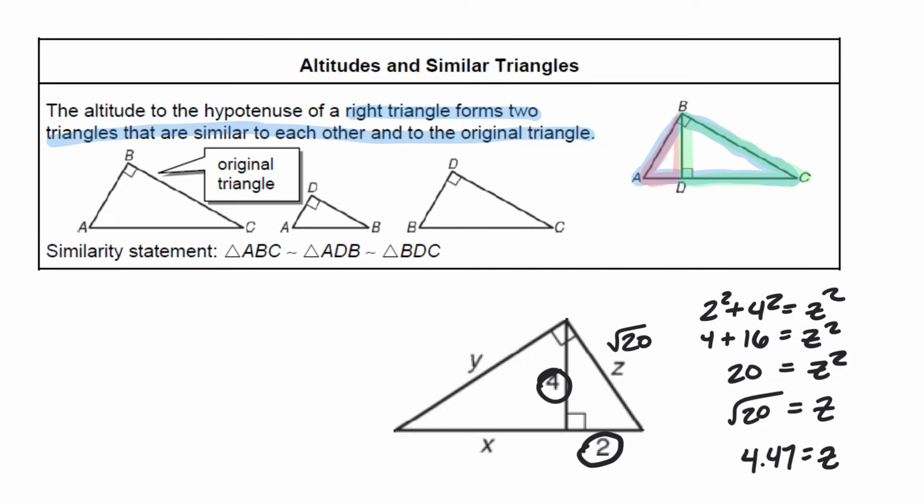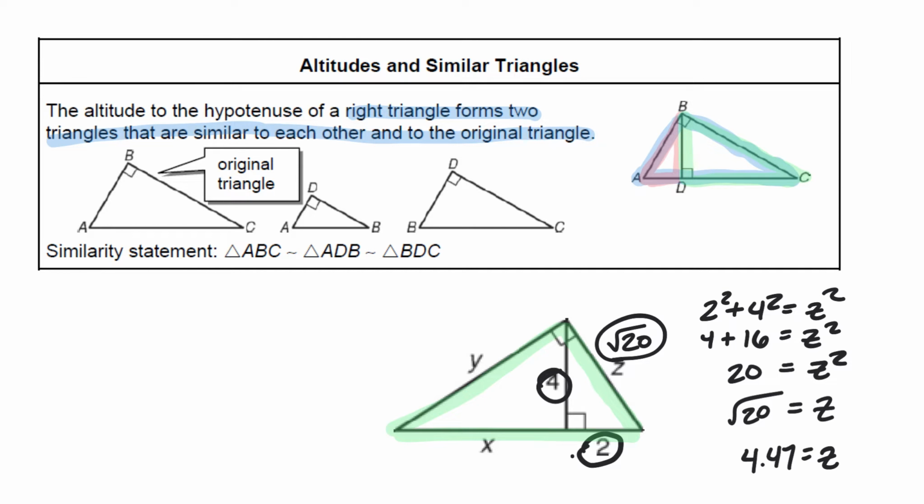That makes sense because my hypotenuse is the larger side. So what we recognize is on the large triangle, the square root of 20 is the small side.